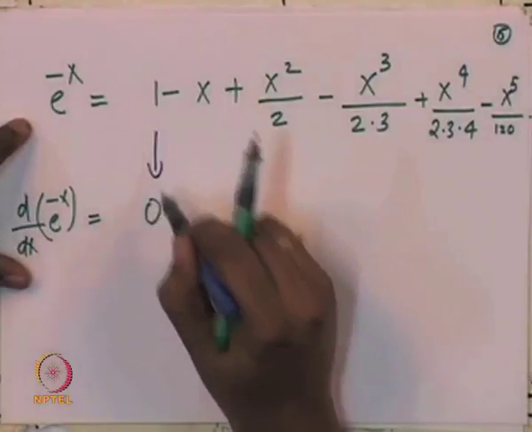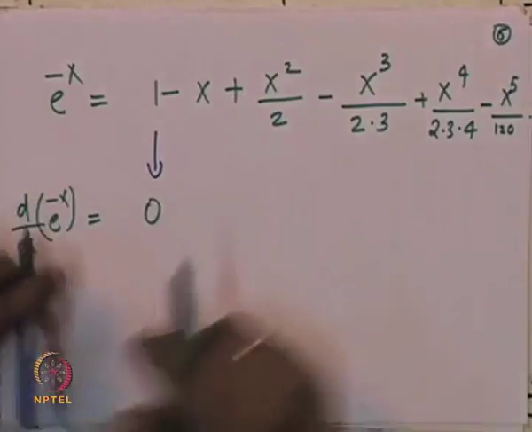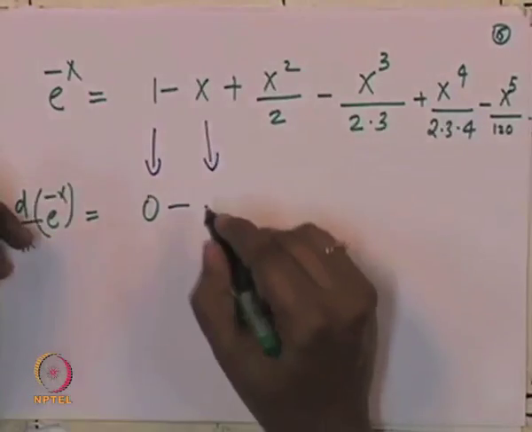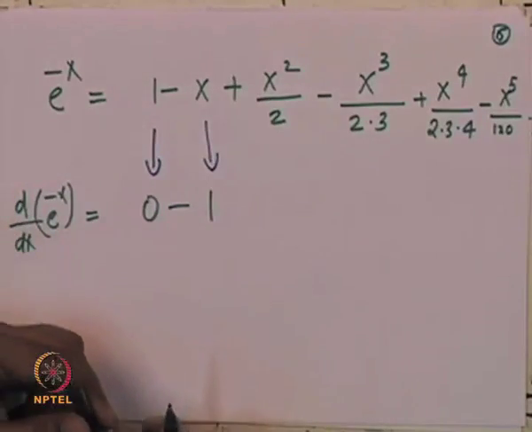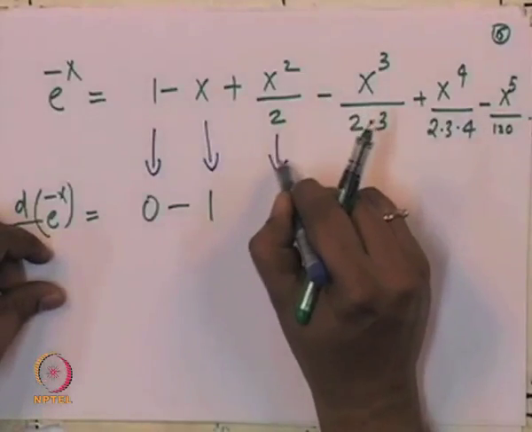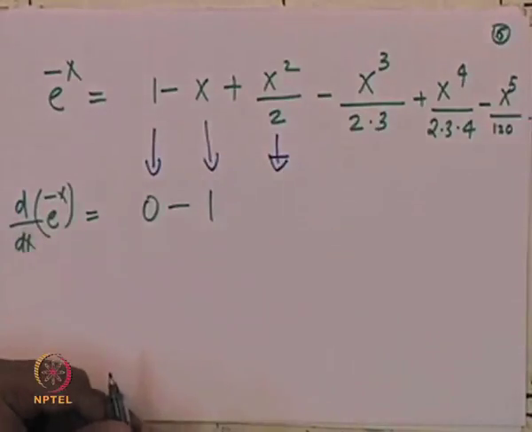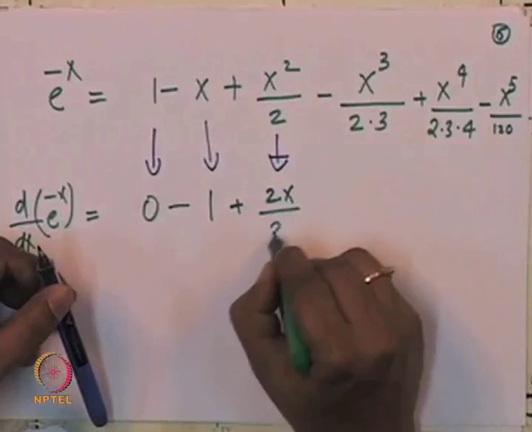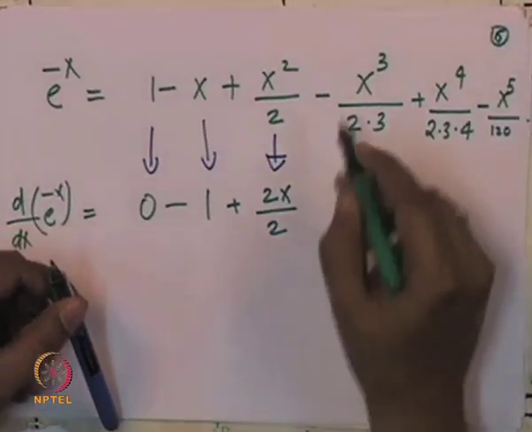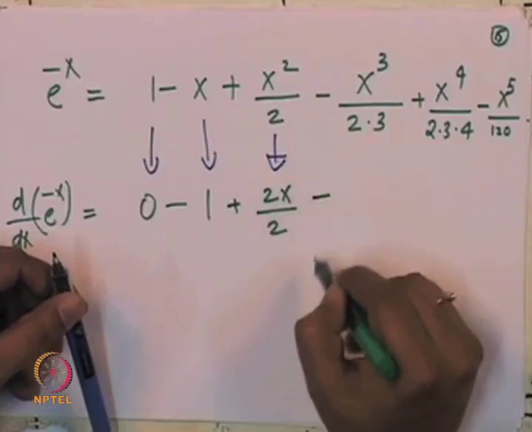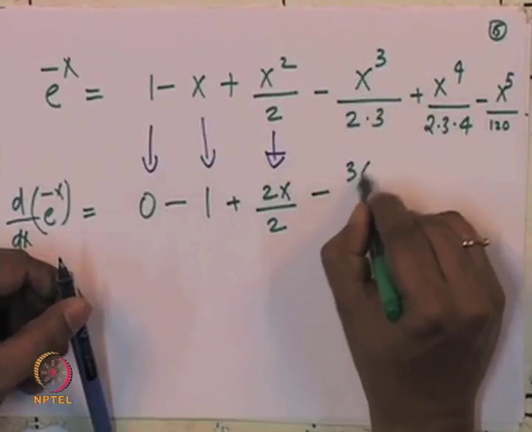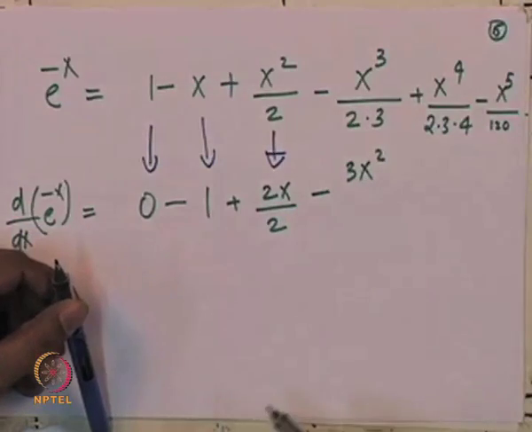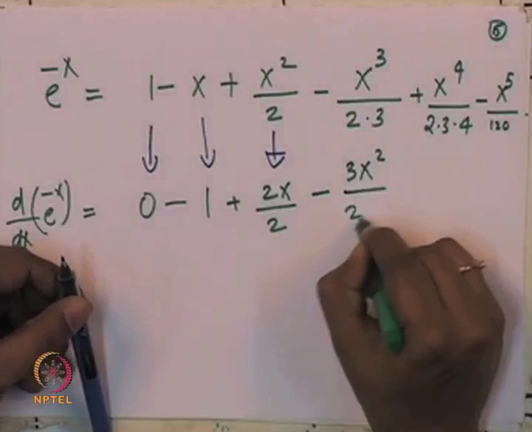And you have minus the derivative of x, which is 1. Plus the derivative of x square, which is 2x, divided by 2. Then minus the derivative of x cube, which is 3x power 2, from x power n minus 1 where n equals 3, divided by 2 into 3.